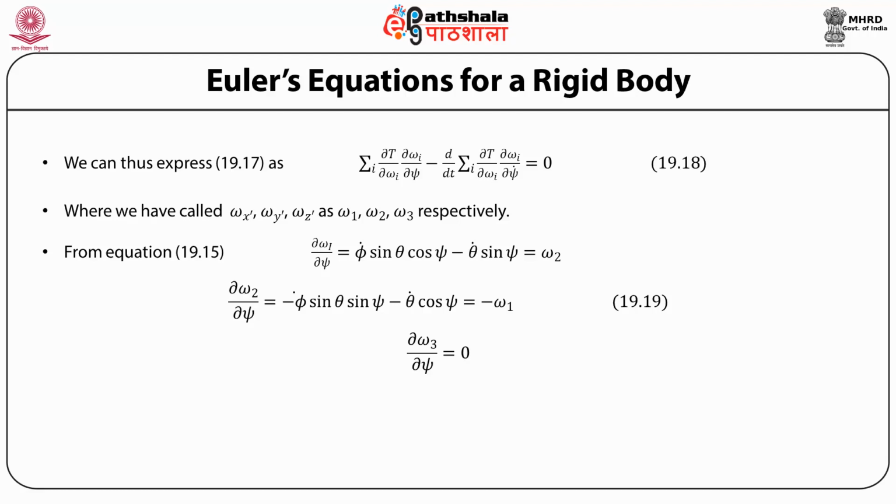Likewise, the partial derivative of omega 2 with respect to the Euler angle psi is equal to minus omega 1, and the partial derivative of omega 3 with respect to the Eulerian angle psi is equal to 0. We thus obtain d omega 1 by d psi dot is equal to 0, d omega 2 by d psi dot is equal to 0, d omega 3 by d psi dot is equal to 1, and the partial derivative of the kinetic energy with respect to omega i is I i omega i.